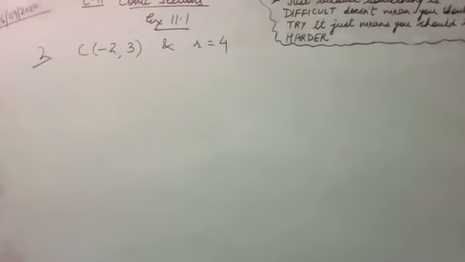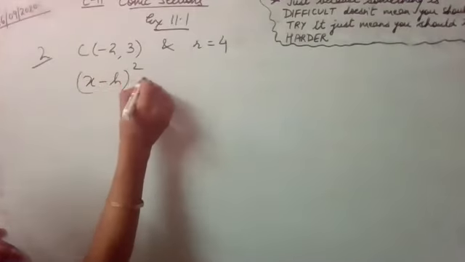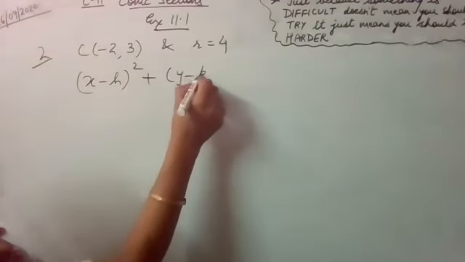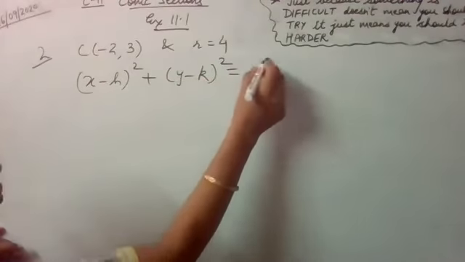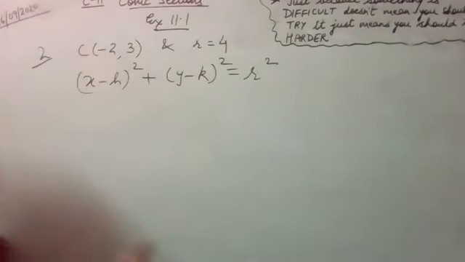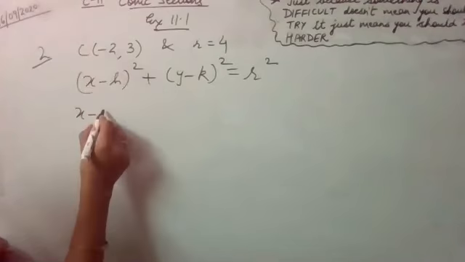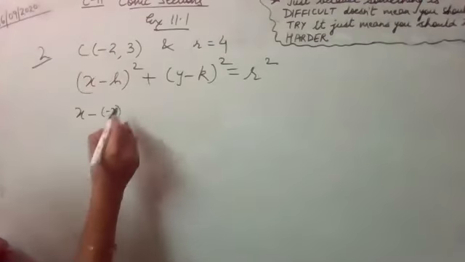4 units. So we just have to put it in the general equation. The general equation was x minus h whole square plus y minus k whole square equal to r square. Let's put the values. The value for h will be with the sign. So x minus, h is minus 2 here, whole square.